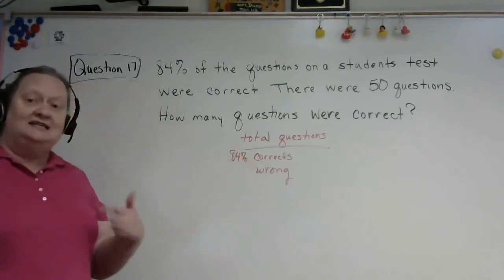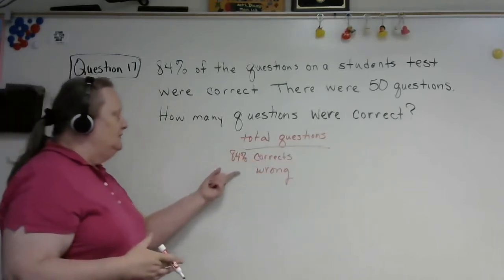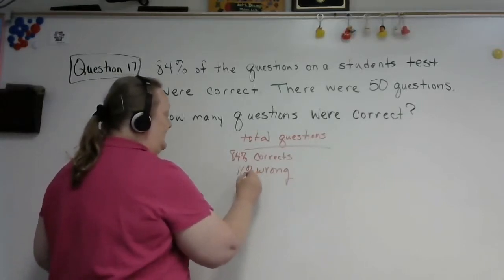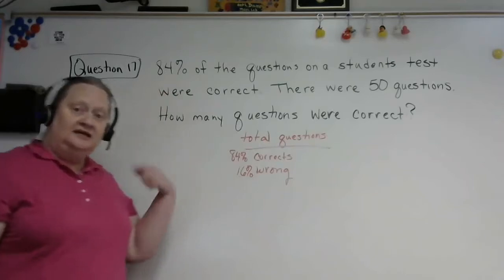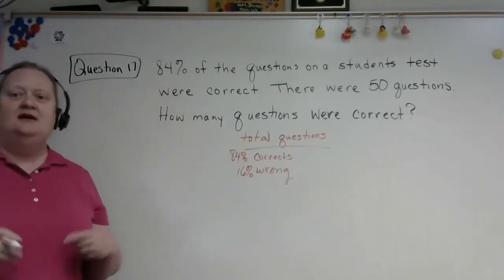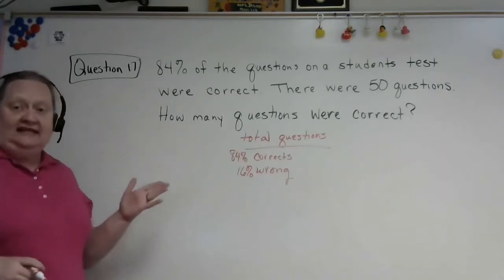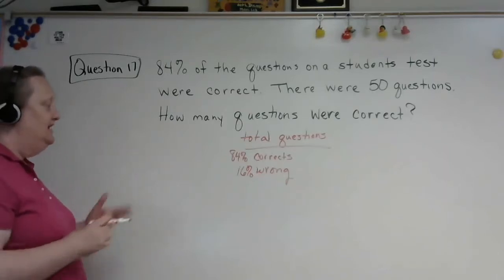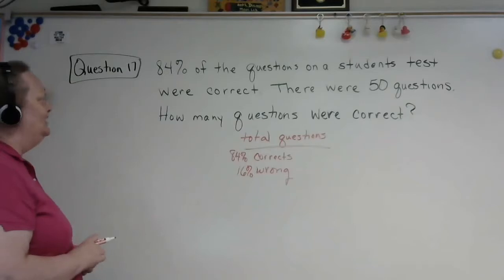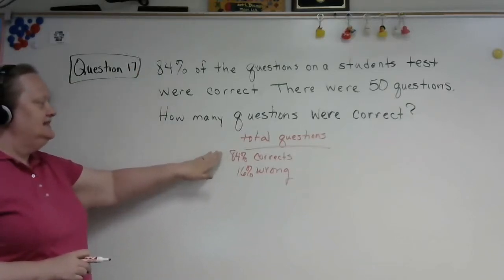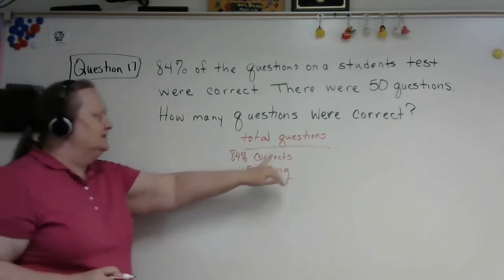That means the percent wrong would be 16%, because that would make it add up to 100%. In this case, we don't really need that, but I like to include it. You may need that later for different types of problems. But we've got 84% of the questions are correct.